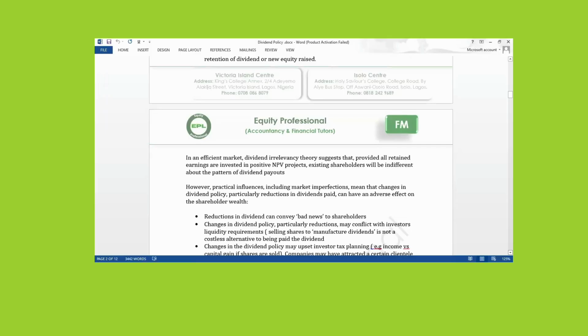So to M&M, if you like, pay dividends. If you like, don't pay dividends. That will not affect your market value. If you are not paying dividends, you must invest in viable projects.